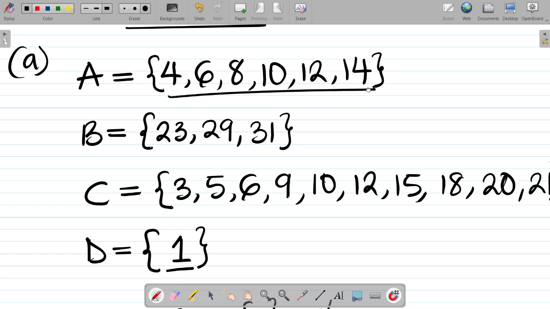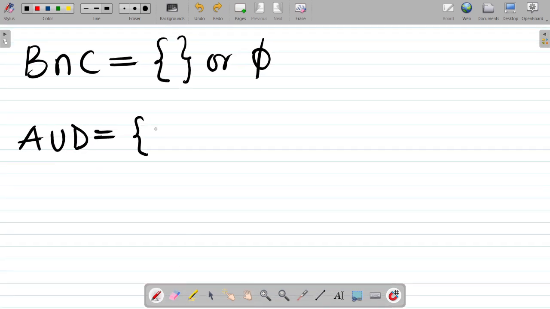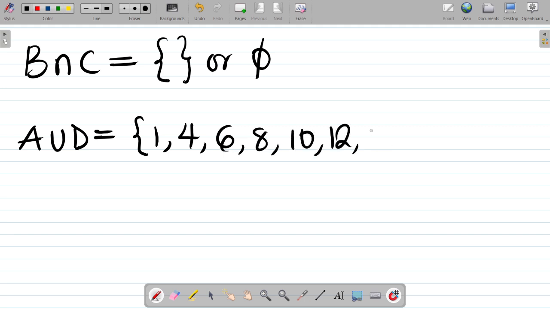Combine it with all the elements in A. That becomes 1, 4, 6, 8, 10, 12, 14. This is A union D, combining all the elements in A and D.